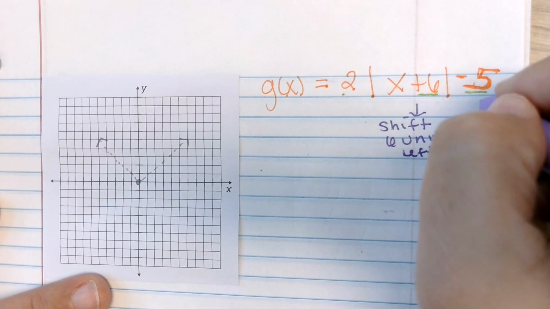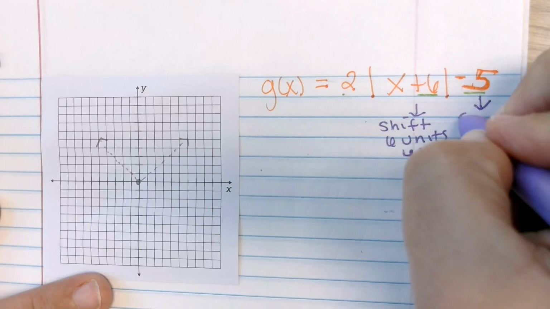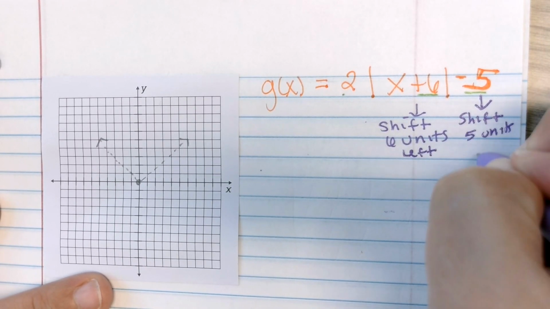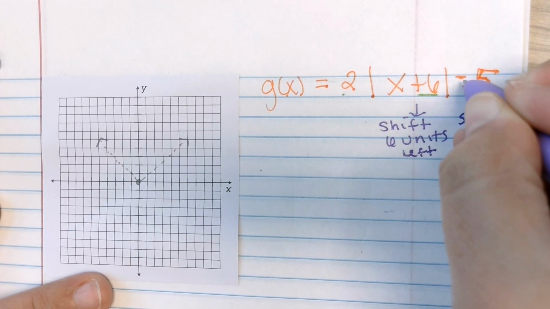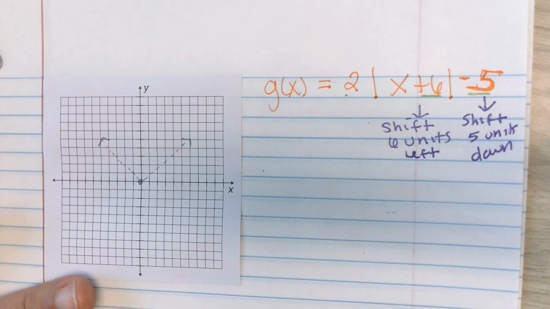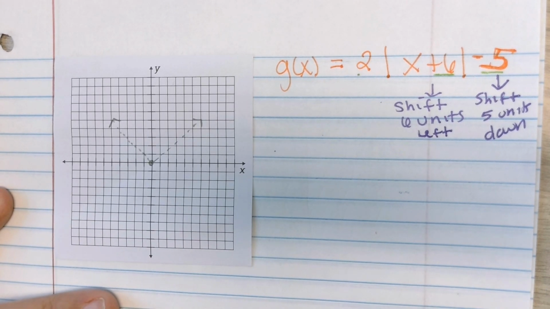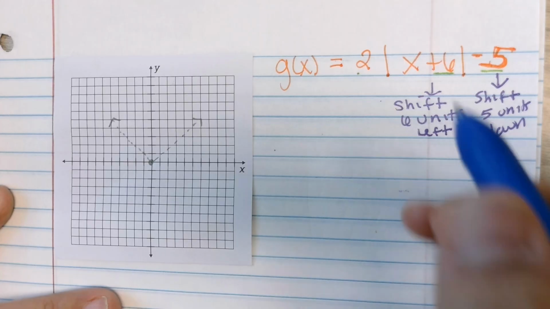The 5 is a shift 5 units down because he's negative. So we're going to go down for that one. Notice that I changed my wording from translate to shift. Either one is correct. For me, I don't mind either one.